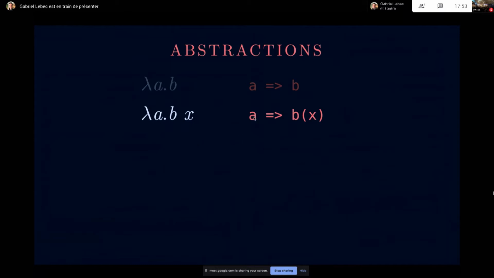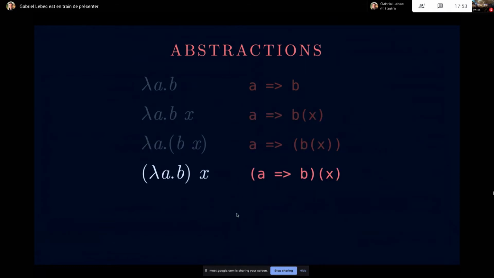So here, this means take an input A and return, that's that dot, B applied to X. This entire expression is the output of this function. And I can make that clearer, again, using parentheses. So we could say A returns B called on X, but by convention, we know that everything to the right of the dot is included, so we just don't put those parentheses. We can if we want to, we just tend not to.